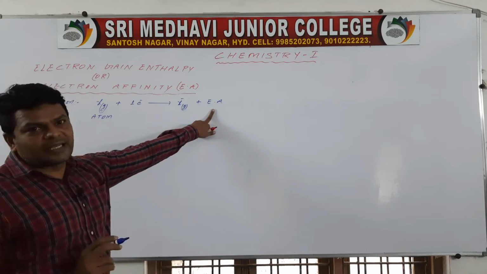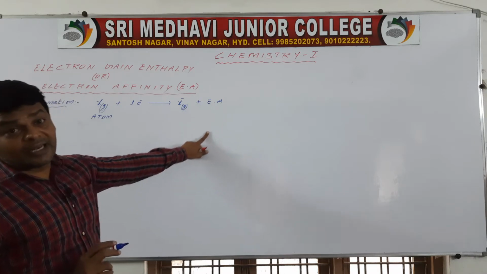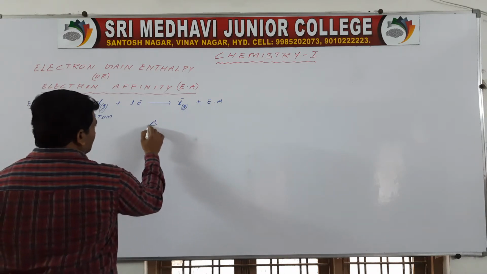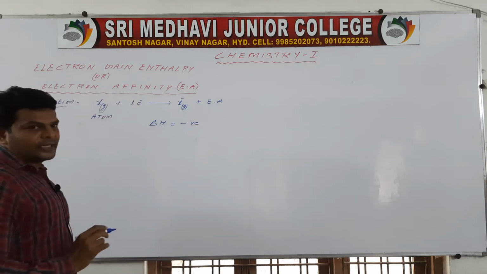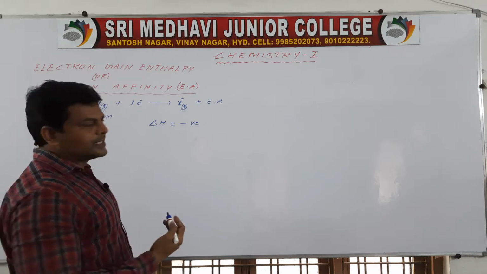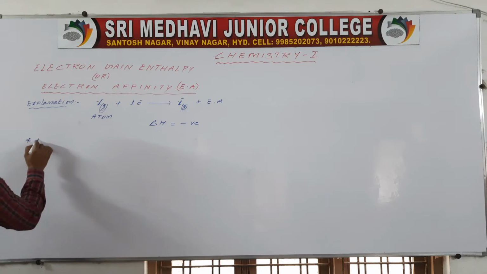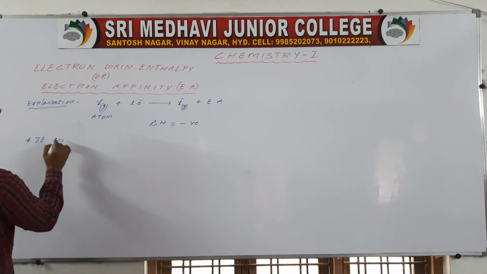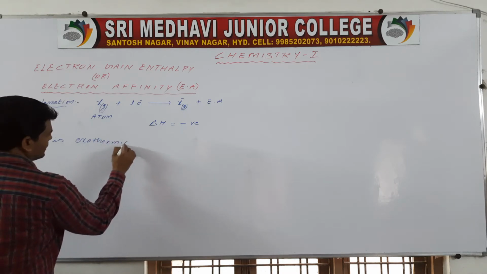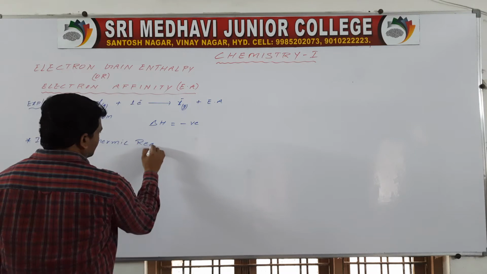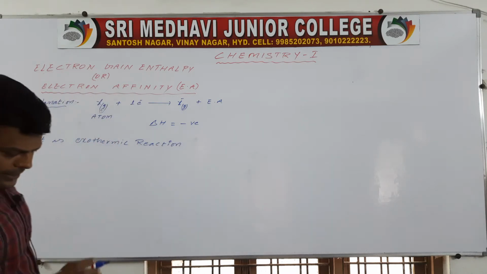This released energy is nothing but electron affinity or electron gain enthalpy. Here delta H is negative, because energy is being released. Then electron affinity is negative. So it is an exothermic reaction.